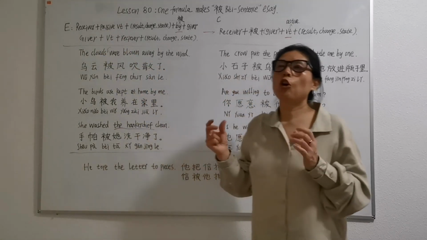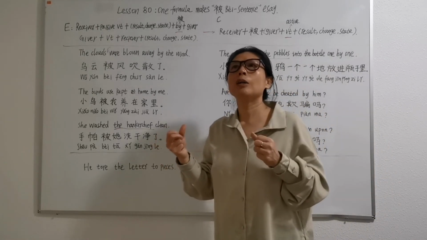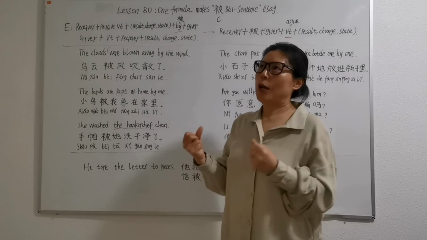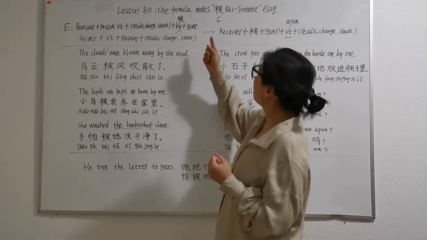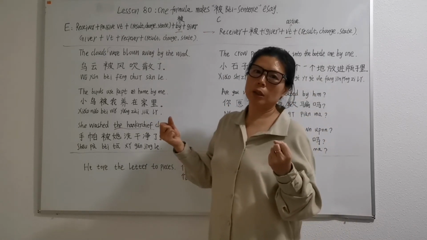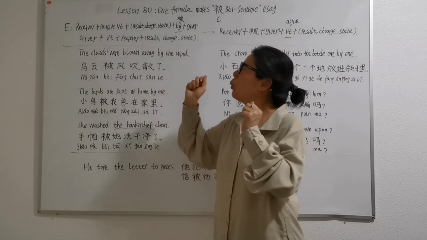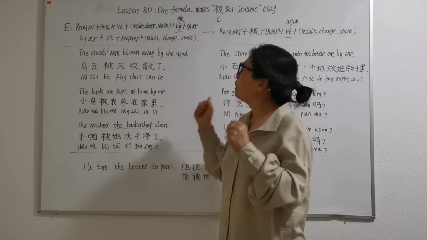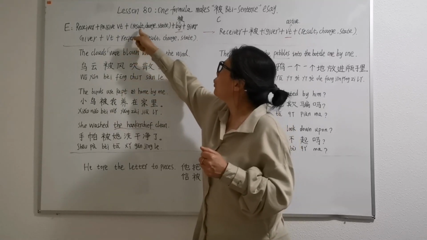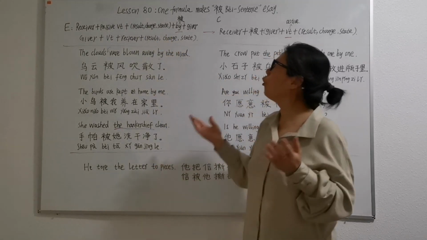Receiver equals object, but in 把-sentence, sometimes there are two objects, direct object and indirect object. But in 被-sentence, only one receiver. And the condition is that the action of the verb will make the receiver produce some result, some change, and a new state.